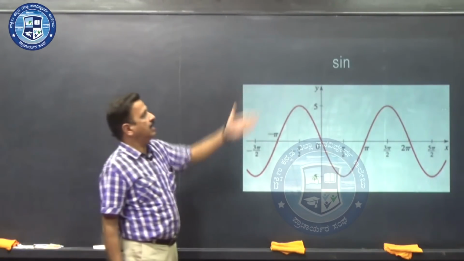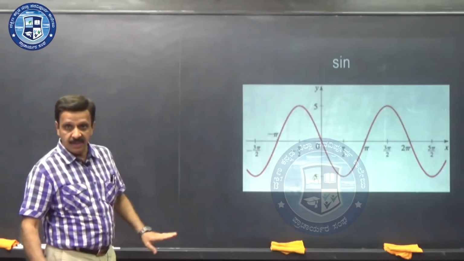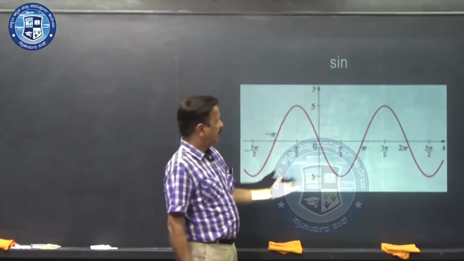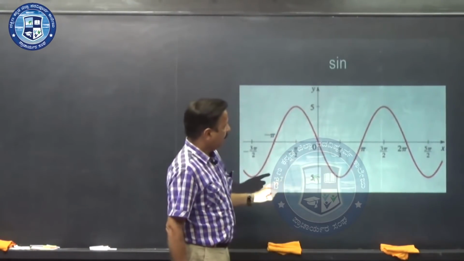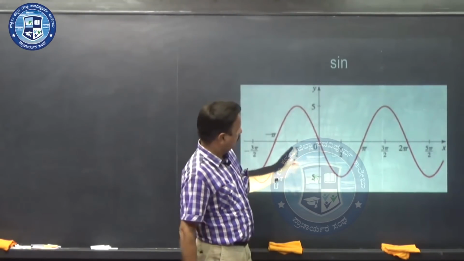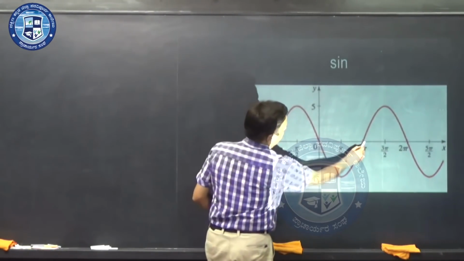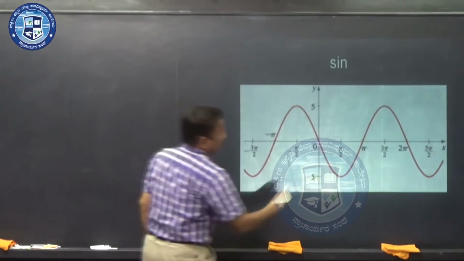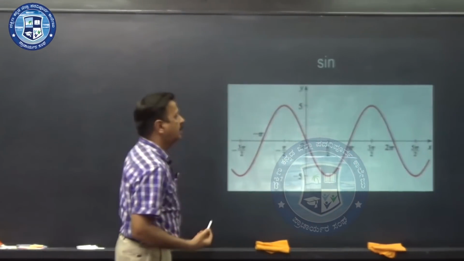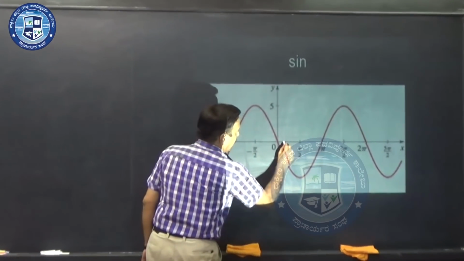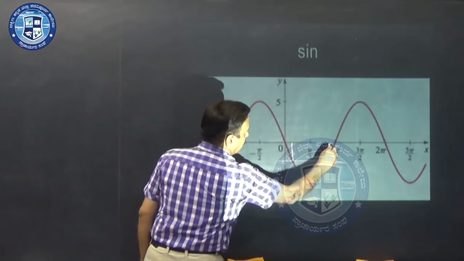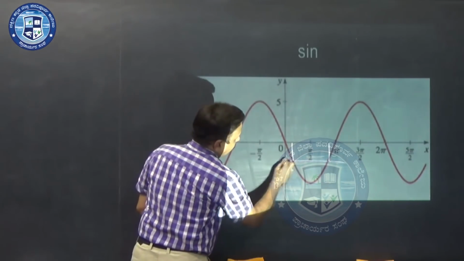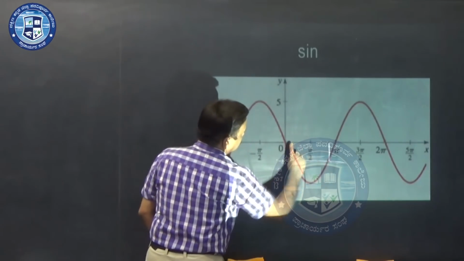See, this is the graph of the sine function, not the inverse function, sine x versus x. Look at this graph, it is a periodic variation. If you take between 0 to pi and draw a horizontal line here, it will have one value of y here and another value of y there, which clearly says that for two different values of x, you will have the same value of y.